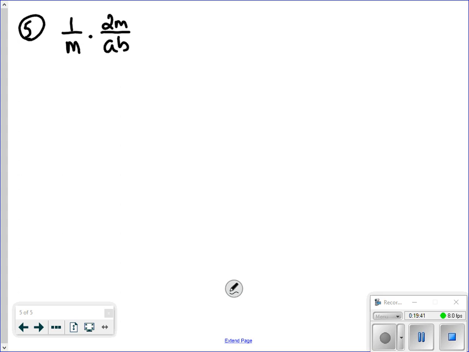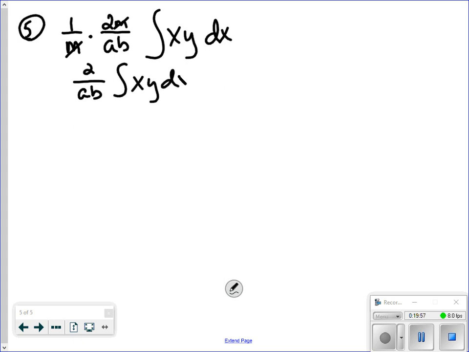We'll leave this here, x, y, dx. We're starting to clean things up just a little bit. So we've got 2m over AB. We're so close. That y is just causing some problems here.